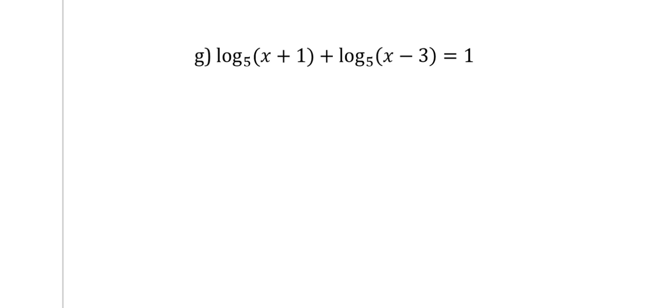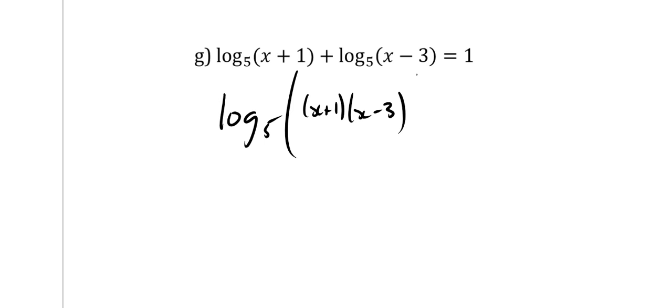So I'm adding logs in the same base, so I can say that again? I can multiply the arguments, which is multiplying the brackets. And very good, that's exactly what you do. So I go log base 5 of the whole thing of x plus 1 times x minus 3 equals 1.